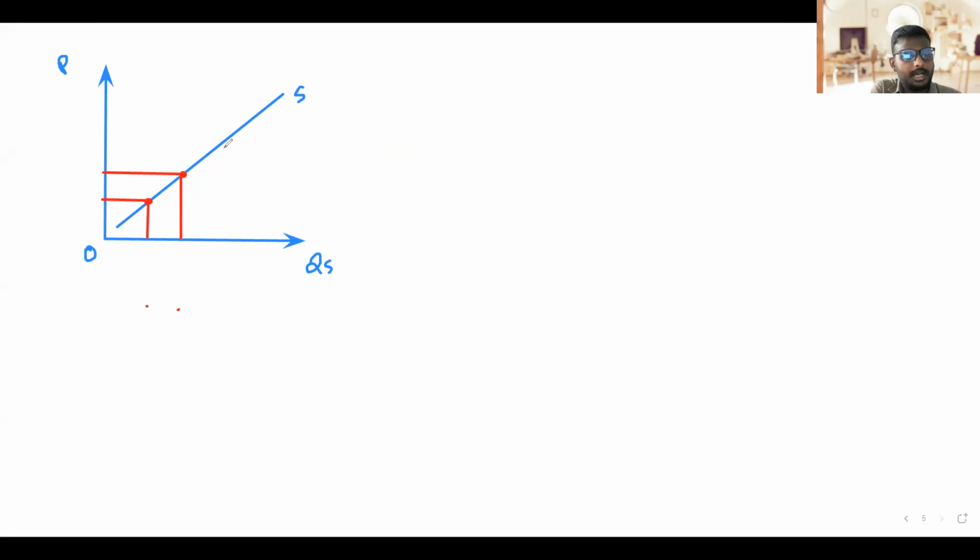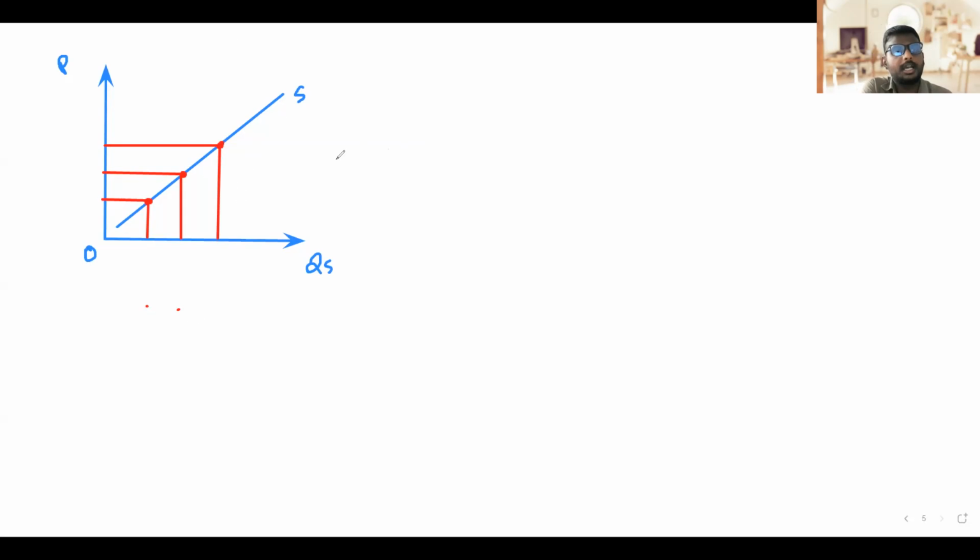Likewise, you go up another point, you can see you have a different price now. So the only determinant of supply that keeps on changing when you are drawing a supply curve is the price of the particular good.